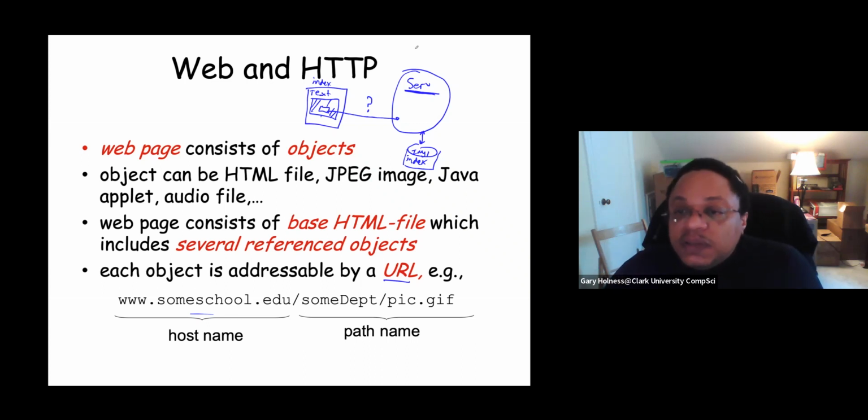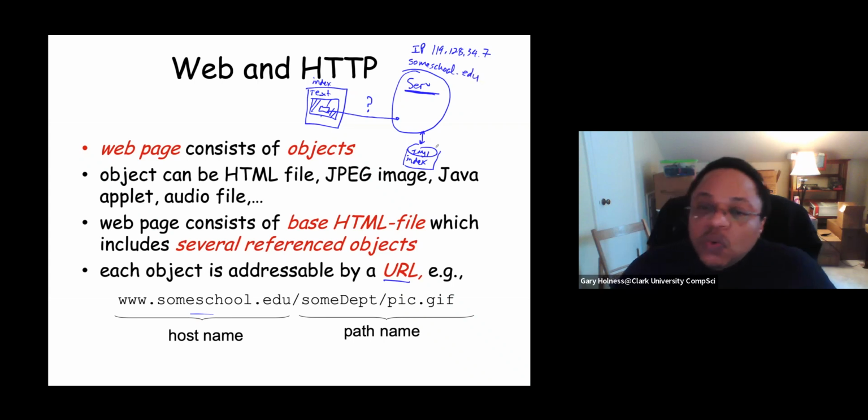And so you're going to have one of two things, either your IP address, and that might be one of those numbers of the form, and I'm just making this up, 119.128.34.7, for example, or a synonym for this IP address might be someschool.edu.